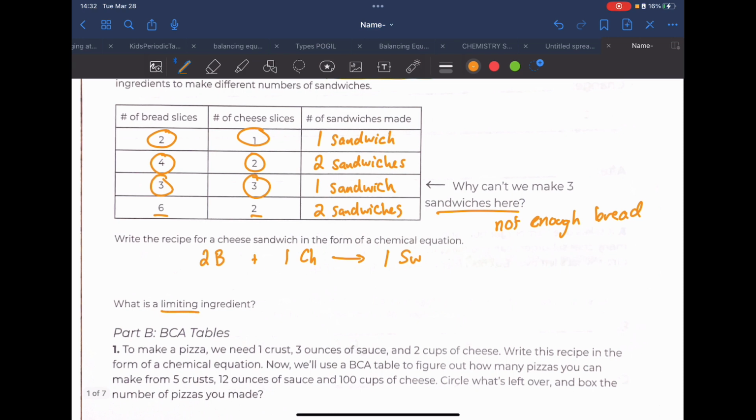And then it asks, what is a limiting ingredient? A limiting ingredient is the ingredient that you run out of first. So it's the ingredient that is limiting how much product you can make.